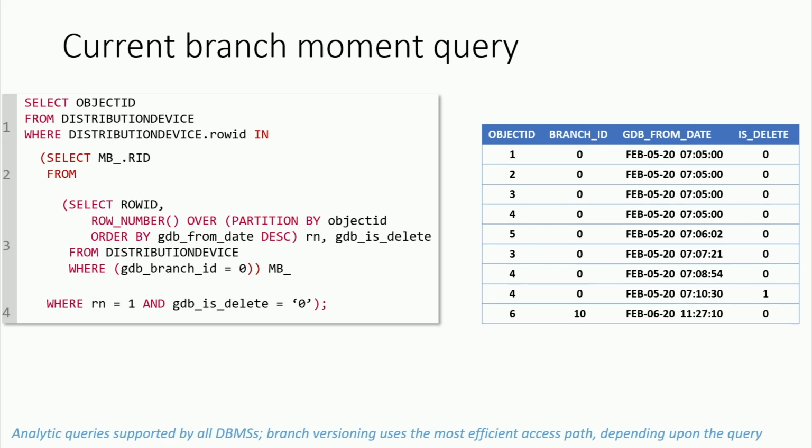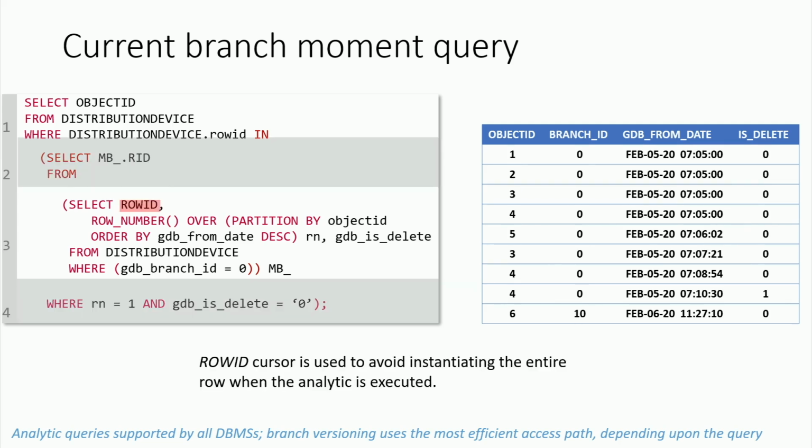So, let's say we have our default version and the table's represented on the right. We can see there are 5 features in default and a 6th feature is in branch ID 10, some other version. So, how does this thing work? How do you tease this apart?